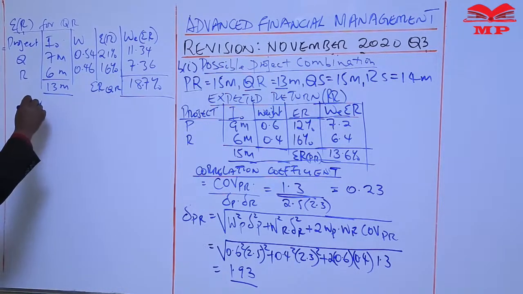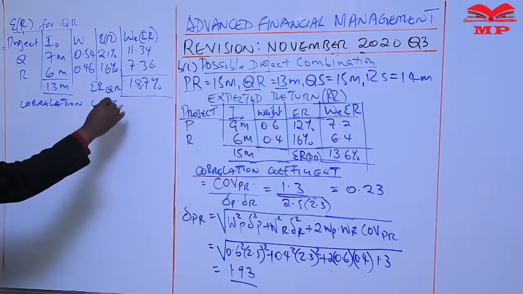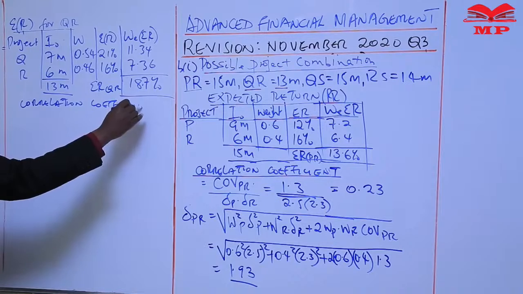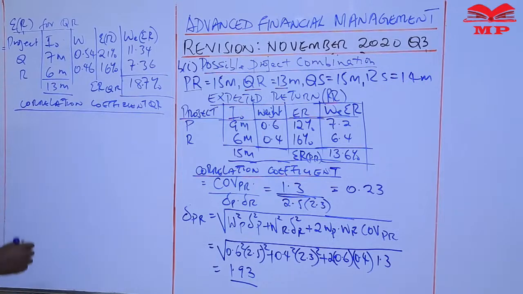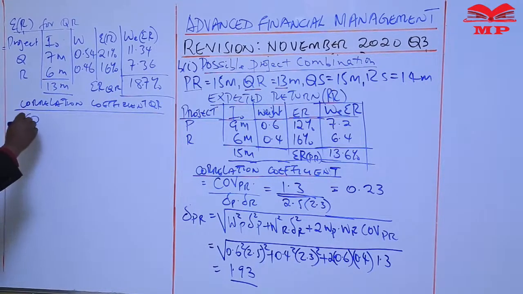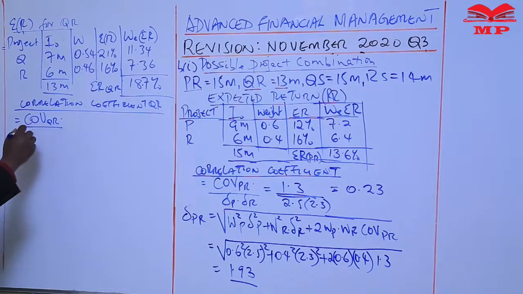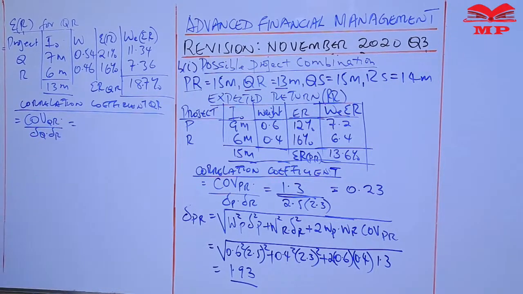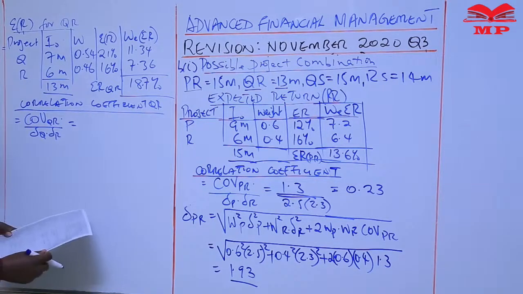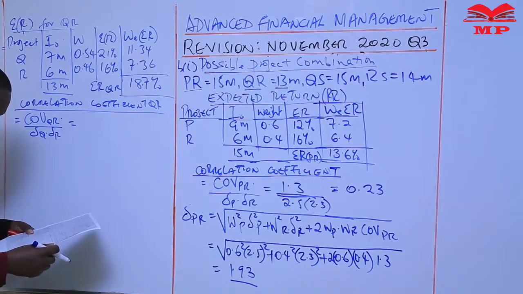The correlation coefficient QR is equal to the covariance of QR over the standard deviation of Q times the standard deviation of R. The covariance of QR provided in the question is 1.5.